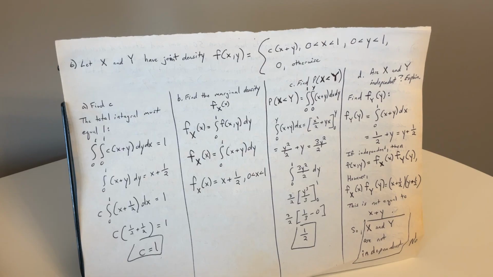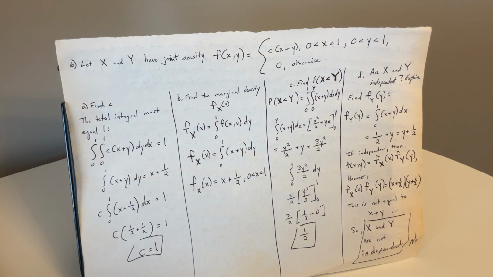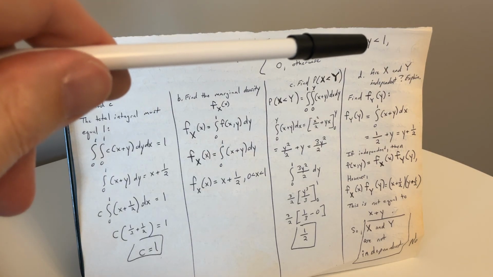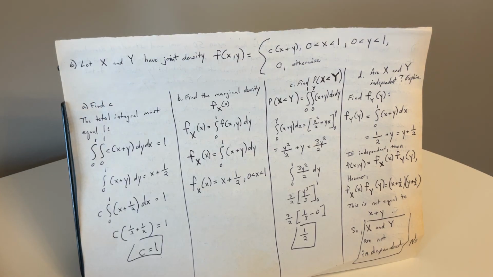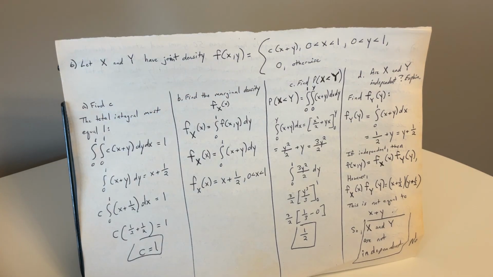Let X have joint density given by this f of x y, so we have two variables now. This is c times x times quantity x plus y, domain 0 is less than x is less than 1, and 0 is less than y is less than 1, and 0 otherwise. Now we want to find c here. So what we want to do to find c is the total integral has to equal 1.